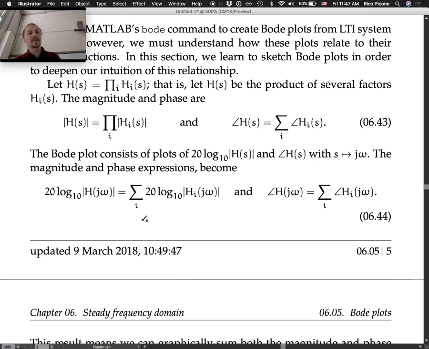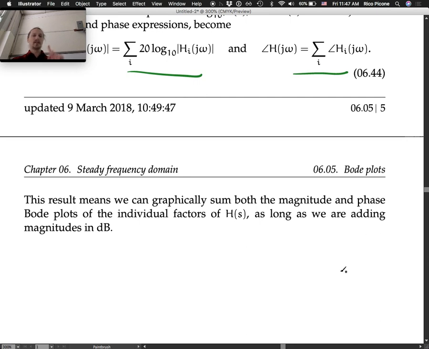So now we've got a sum and a sum, which is what we wanted. The result means we can graphically sum both the magnitude and phase Bode plots of the individual factors of H, as long as we're adding magnitudes in dB. That's the method that we use.